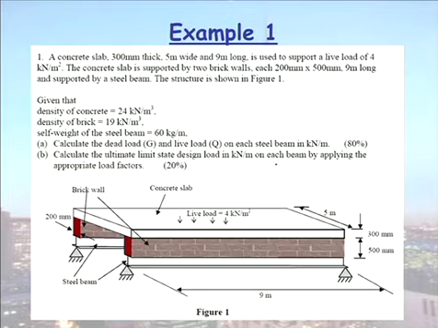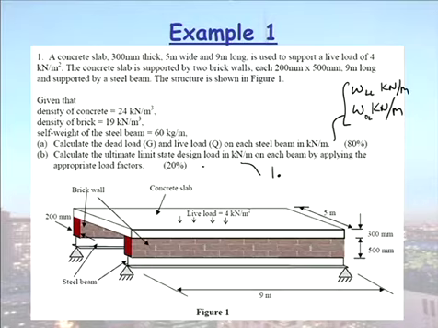So you're going to calculate a load W in kilonewtons per metre, with a dead load component and a live load component. To calculate your ultimate limit state, that will be 1.2 times your dead load component plus 1.5 times your live load component. That will be your ultimate limit state load.